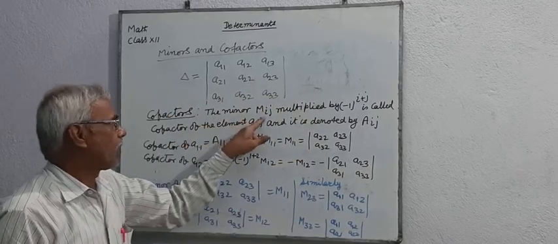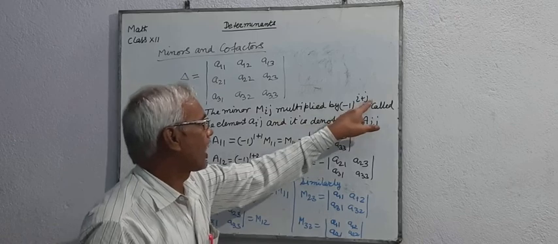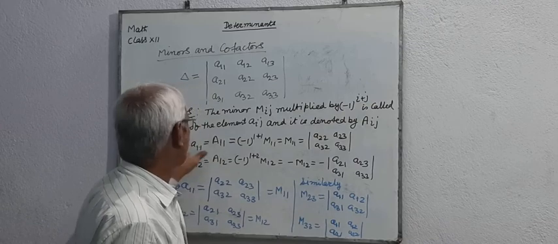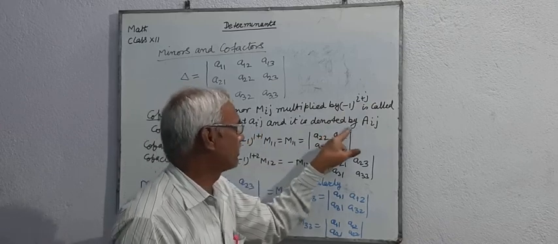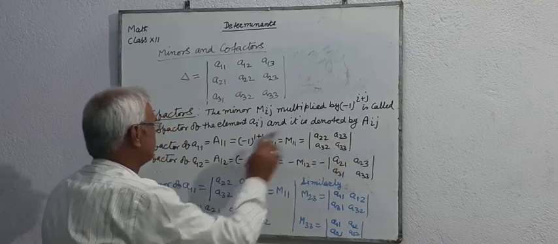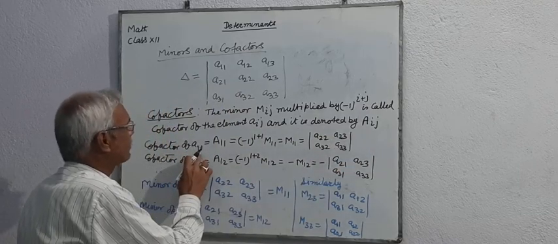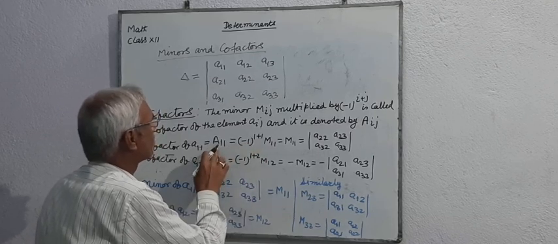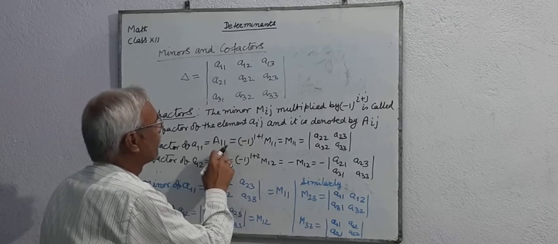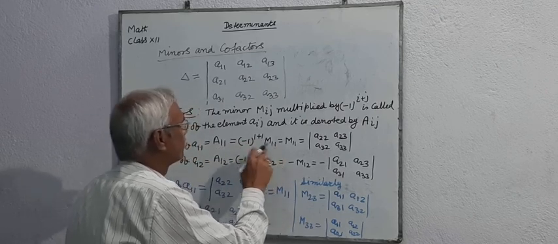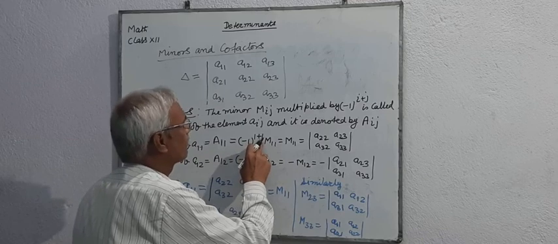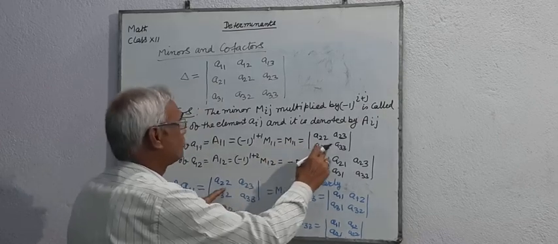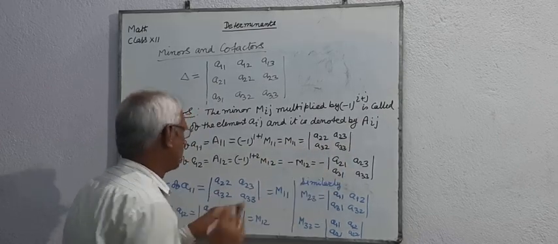If the minor Mij is multiplied by minus 1 to the power i plus j, where i is the row and j is the column, it is called the cofactor of the element aij and denoted by capital Aij. Cofactor A11 equals minus 1 to the power 1 plus 1 into minor M11, which is plus M11, equals a22, a23, a32, a33.